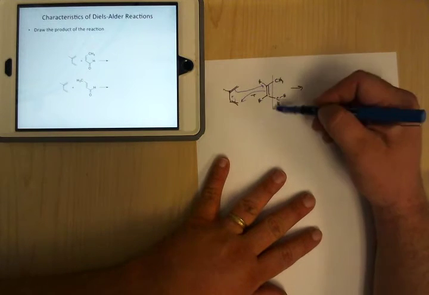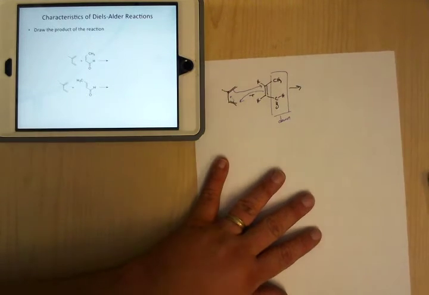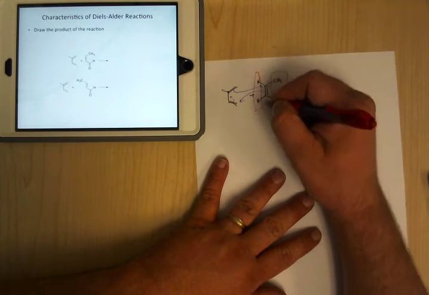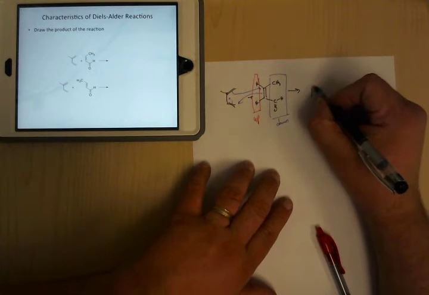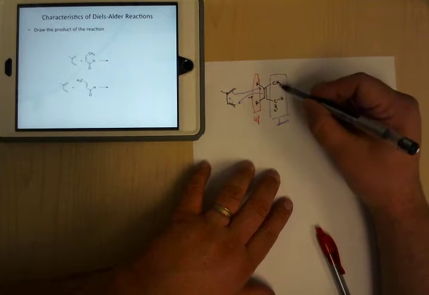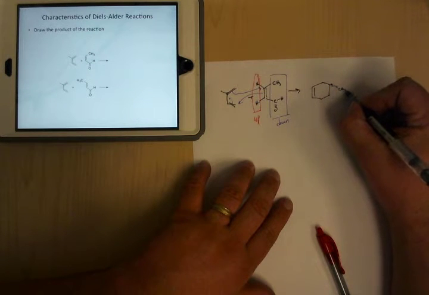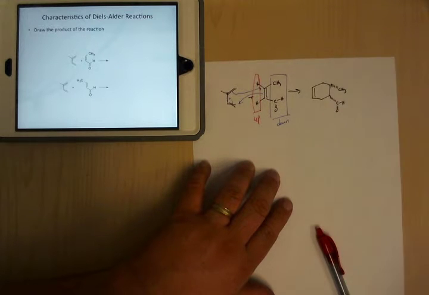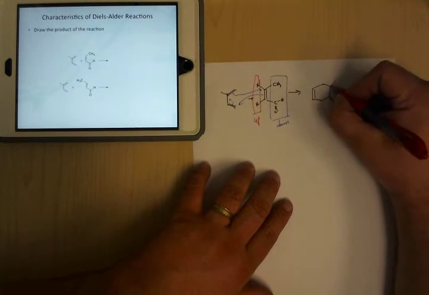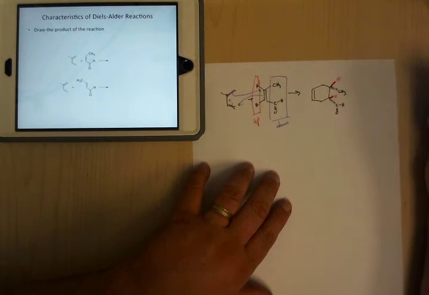But remember, let's say these go down, that means these go up. So here we go. Don't forget that double bond. So those guys are going down, that means these guys are going up. There we go.